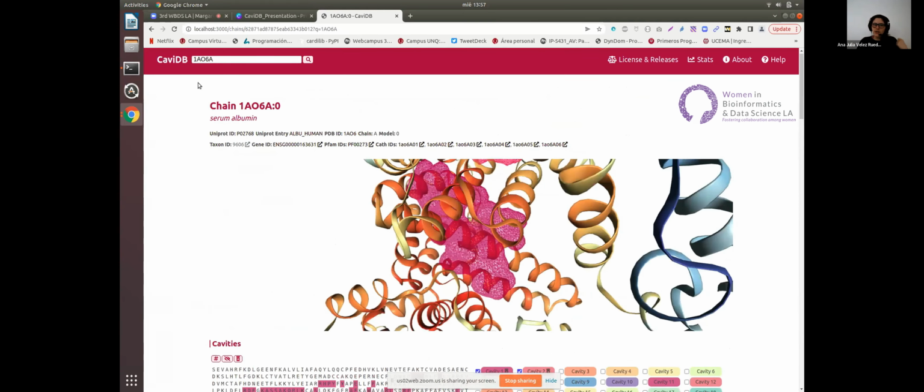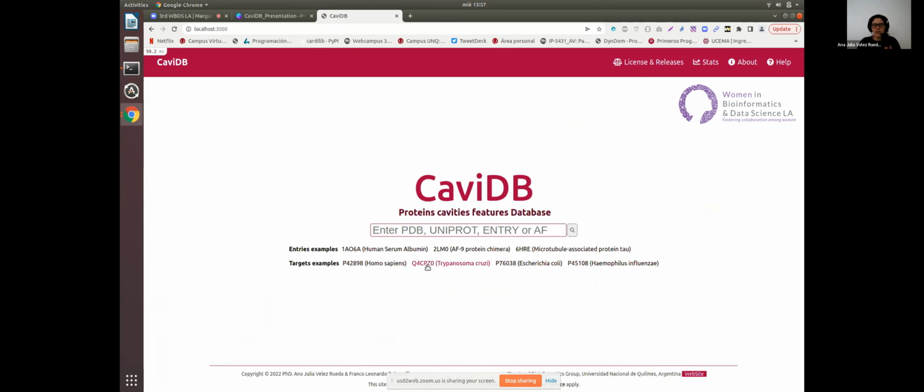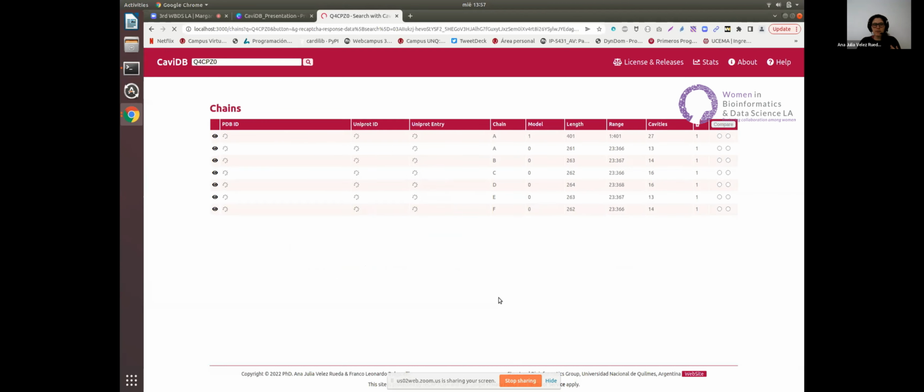Going back to the search, we said at the beginning that CavityB also provides information related with the conformational diversity, and allows you to explore the conformational diversity and dynamics of cavities.